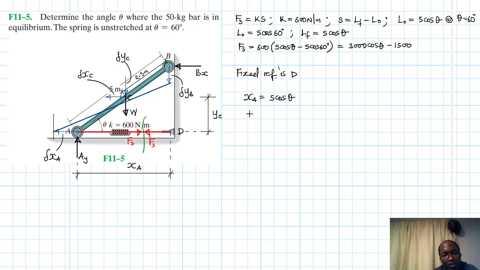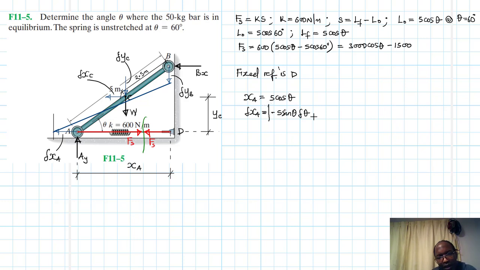And the vector displacement will be del XA. We are just finding the first derivative of this expression with respect to theta, and this becomes minus 5 sine theta del theta. Okay, and this one I'm going to write in absolute value.